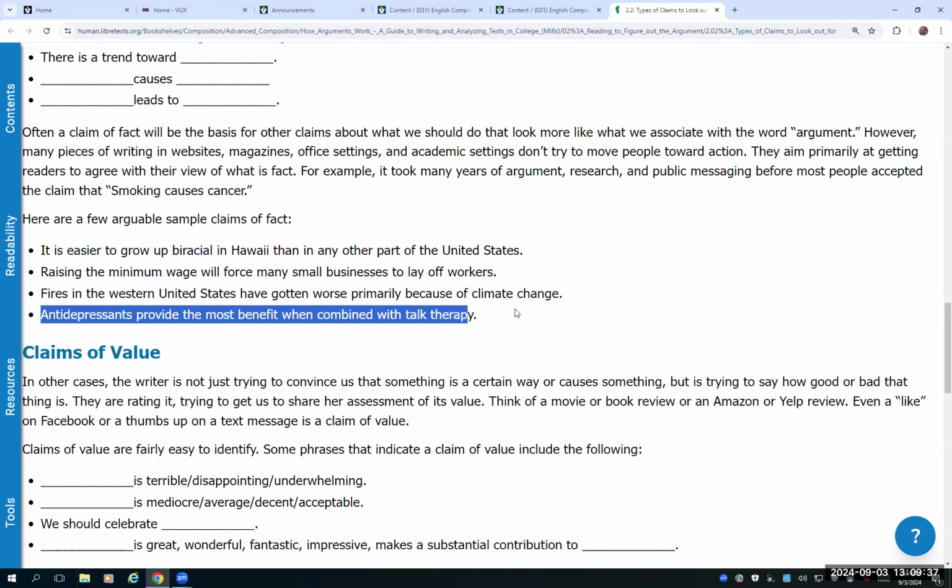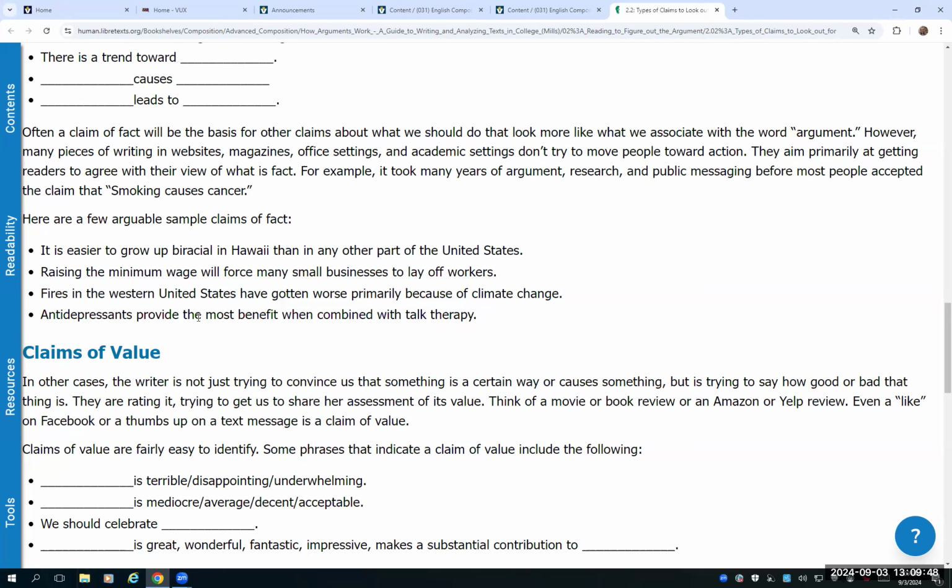Let's do the last one here. Antidepressants provide the most benefit when combined with talk therapy. Okay. So it says the most benefit, but what kind of benefit are we talking about? What specific types of benefits?